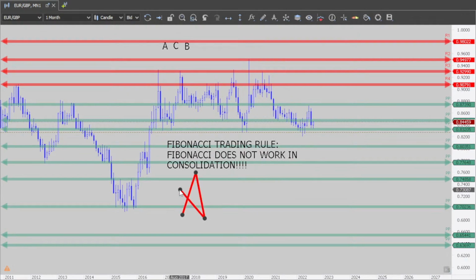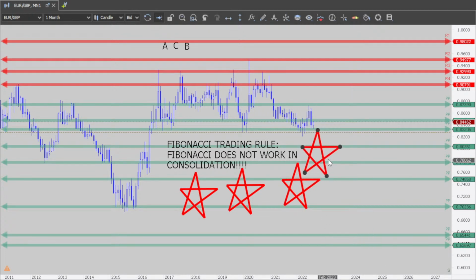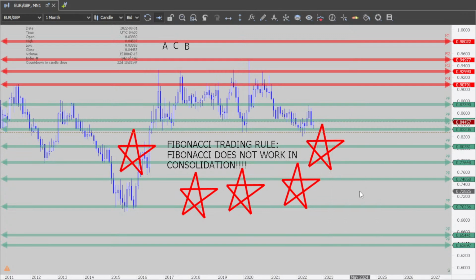And glue it to your computer. Fibonacci trading rule, it's a rule for trading. Fibonacci does not work in consolidation.